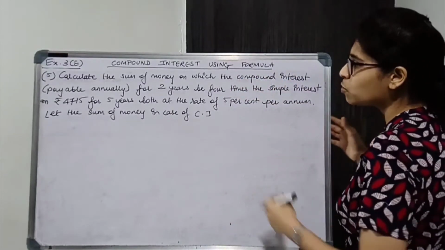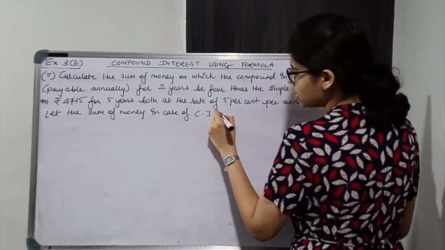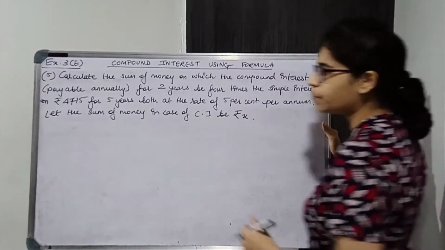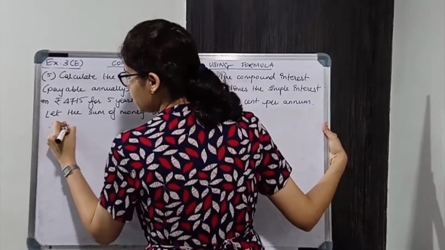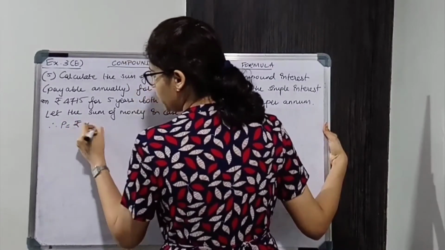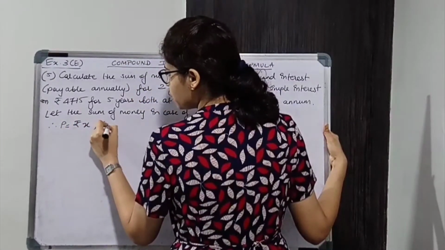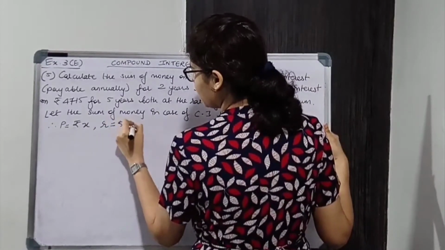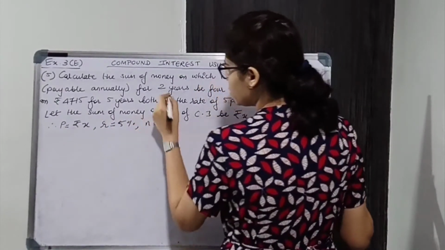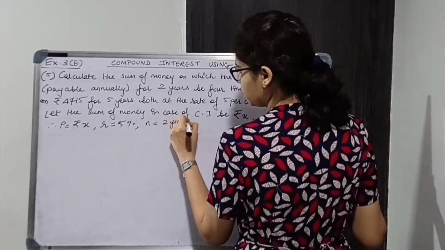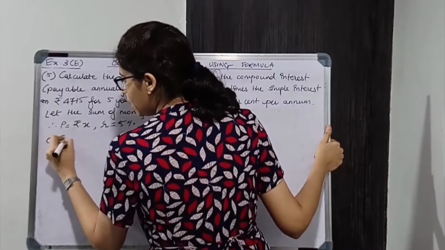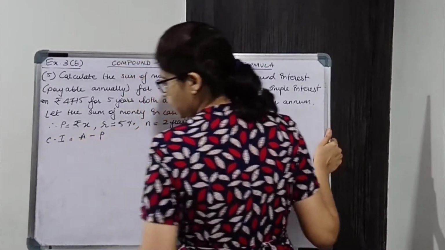So the sum of money in case of compound interest be rupees X. Therefore principal is X rupees, rate of interest is 5%, and number of years is 2 years.